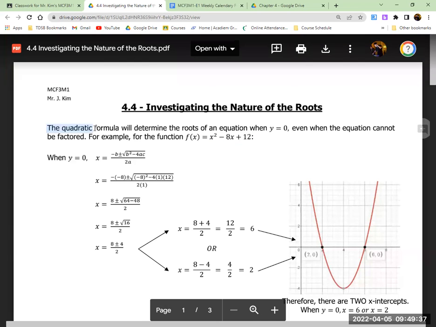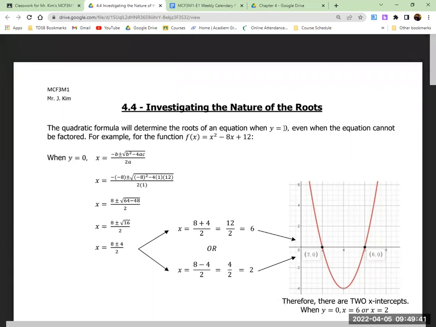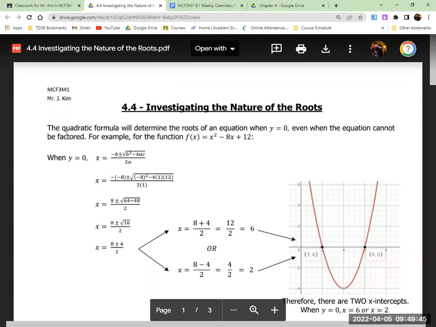The quadratic formula determines the roots of an equation when you set the y value to equal 0, even when the equation cannot be factored. True? I hope you agree with me.